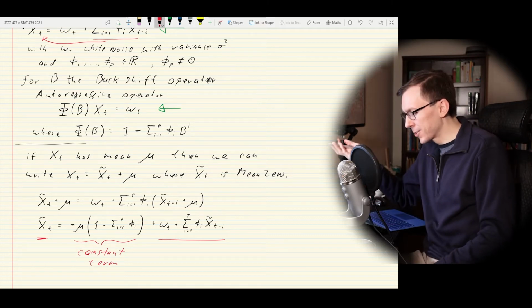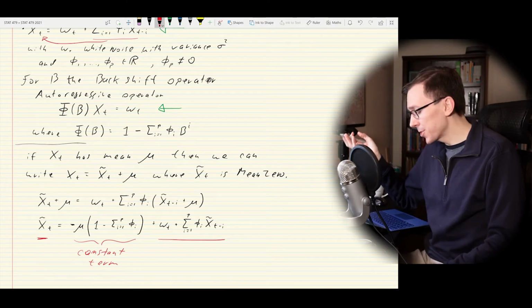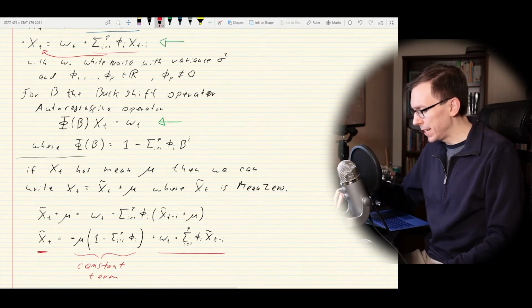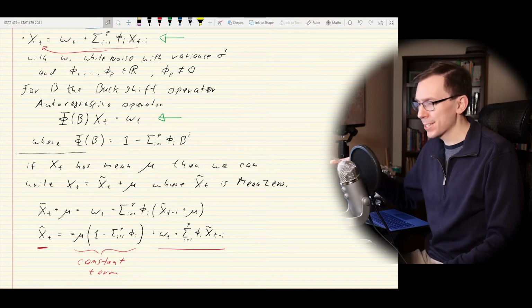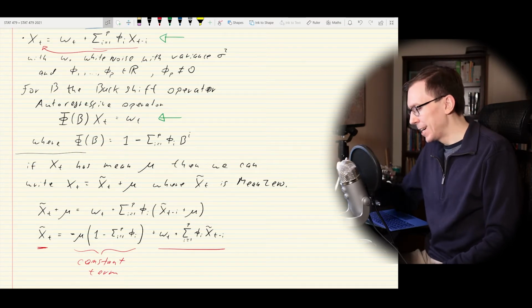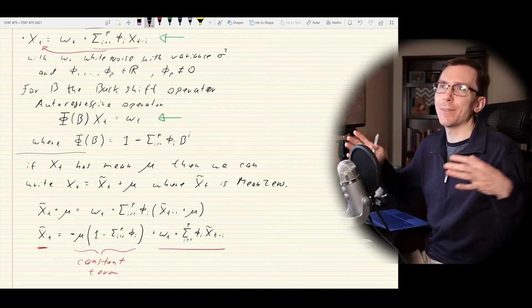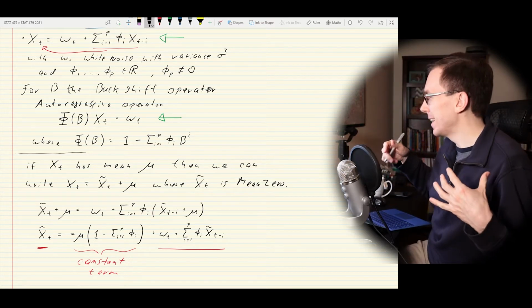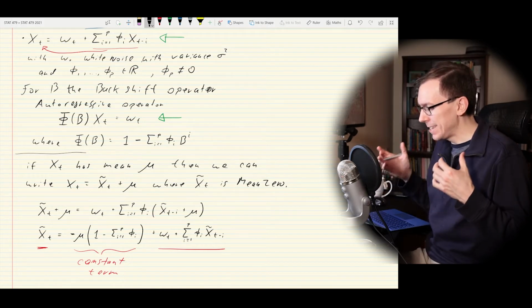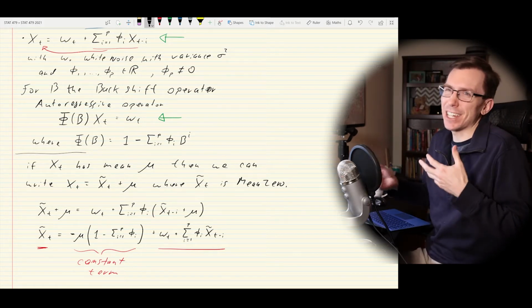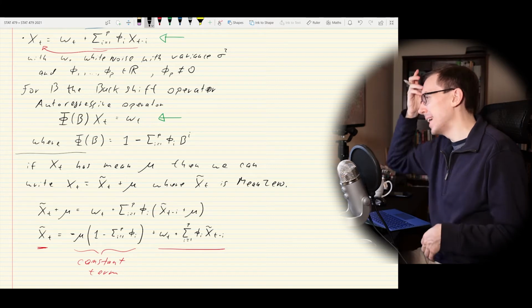And the other things underlined in red here is just going to be the same definition that's about to fall off the top of the screen here, just with x replaced with x tilde. So all it's basically saying is, yeah, we can shift a process by some mean mu, and the definition still works. It's just that we'd have extra terms to throw around, and it would get a little bit messy.